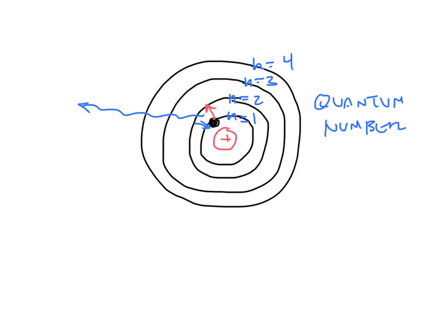All right? And it would be different if you had, say, an electron that was out here and it gained enough energy to go all the way out to this level and then eventually return back down to this. This would be a very different wavelength of light that would be emitted.